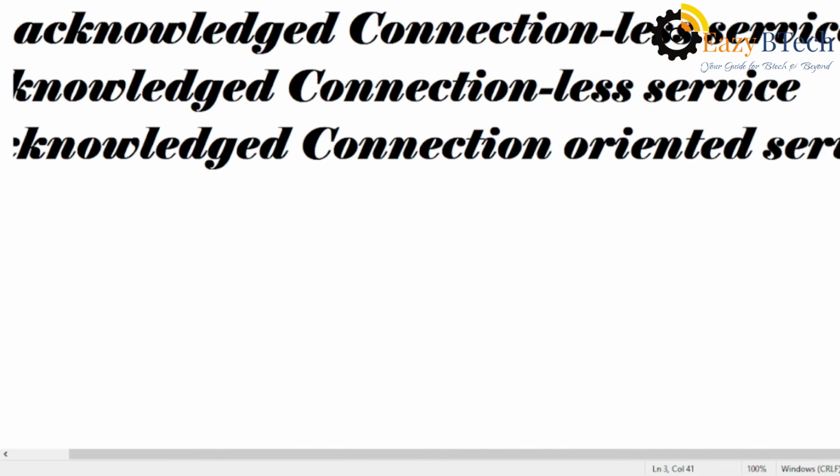Okay, these three are the services provided by the data link layer to the network layer.